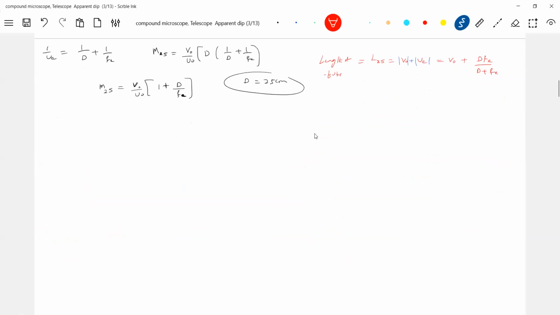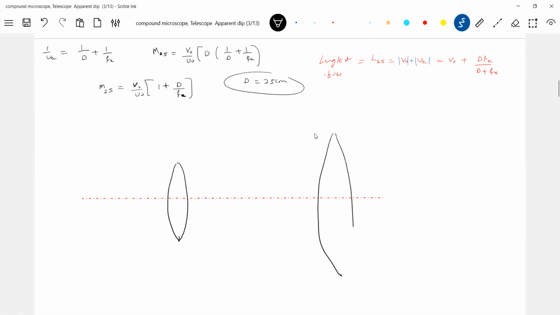I'll give only a rough ray diagram. So this is the objective lens. This is the eyepiece. Here we have kept some specimen. What is the specimen? It will be an insect.